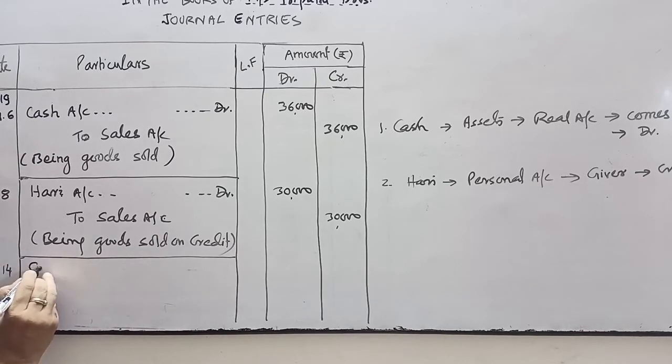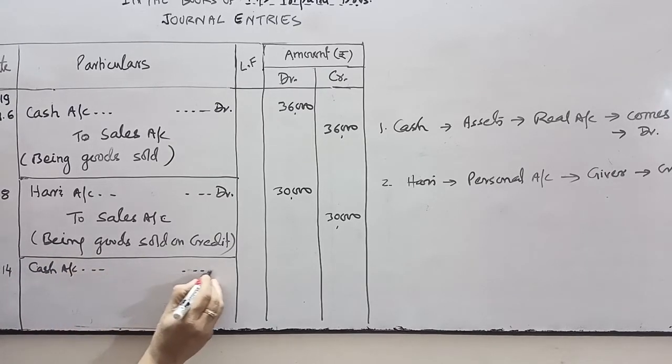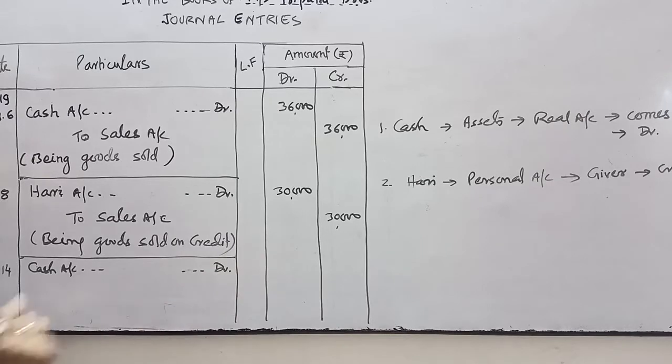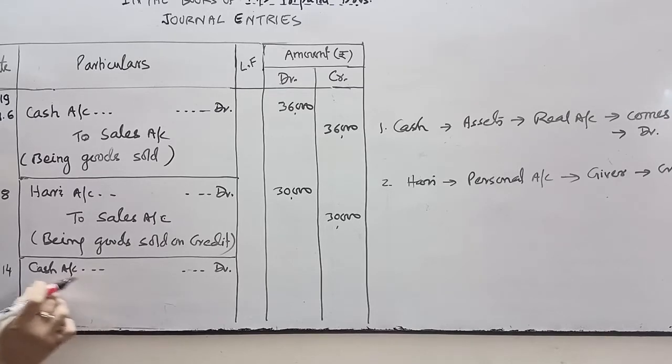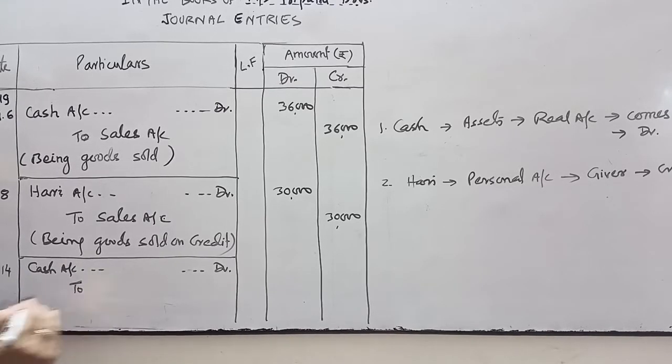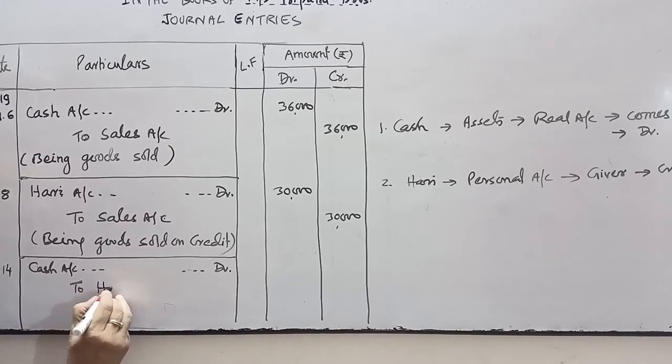Cash account debit. So start with the cash account like this, debit. Hari is credited, so take a space over here. Don't write anything in this space. Start from here with 2. When I write 2, it means I'm going to write credit. So Hari account is credit, so I will write Hari.